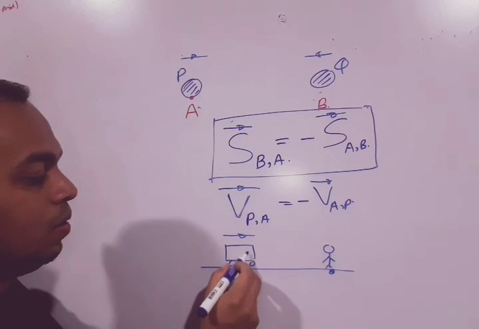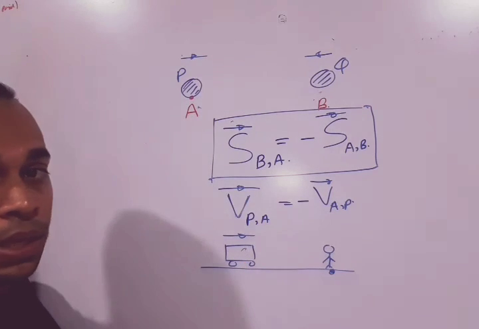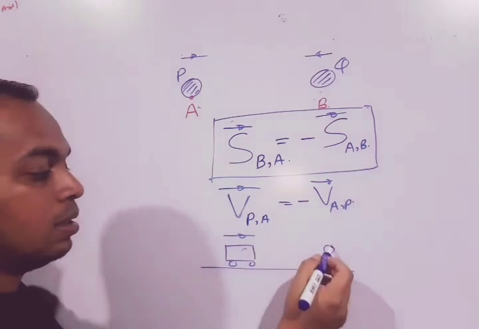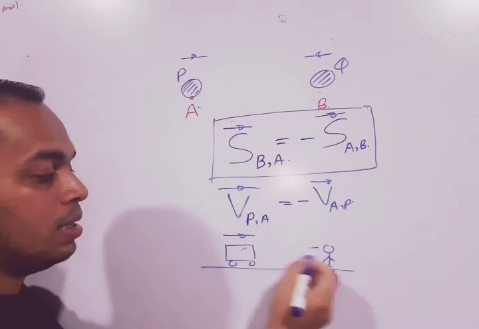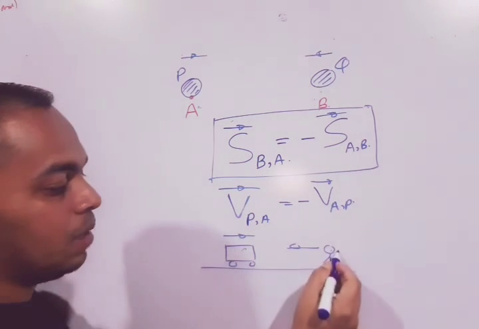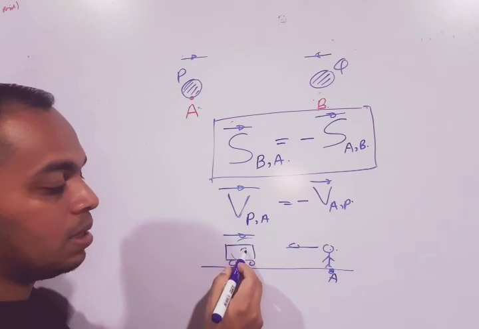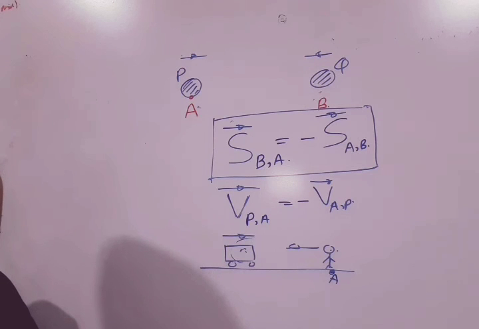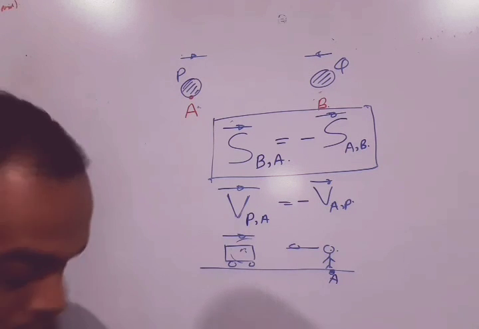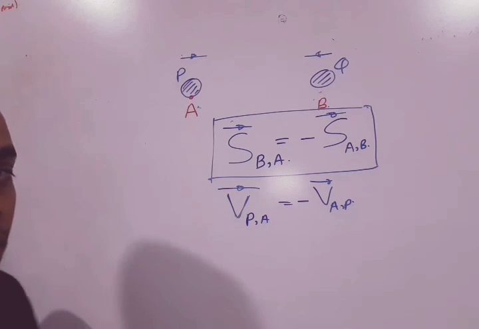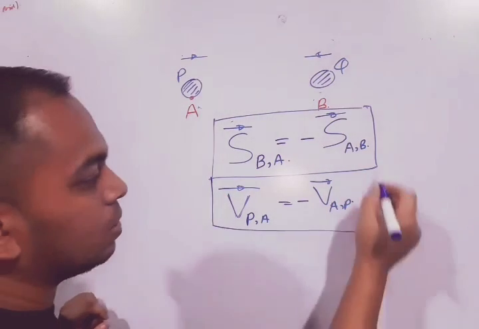Now, for a person inside this vehicle, he would notice that this person standing at A is coming towards him. But for this person, he would observe that this car or the person inside is coming towards him. So directions are different. That is the intuition behind this. We can discuss it more during the discussion session. So please remember this as well.